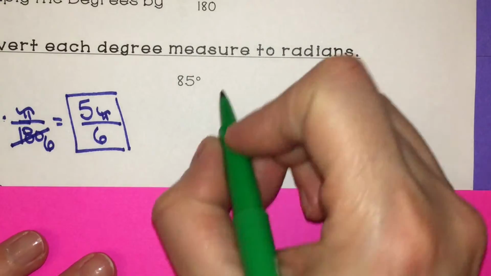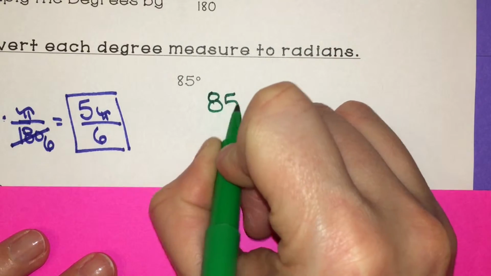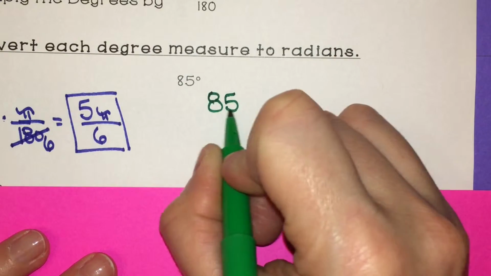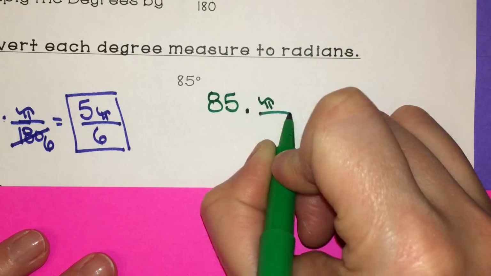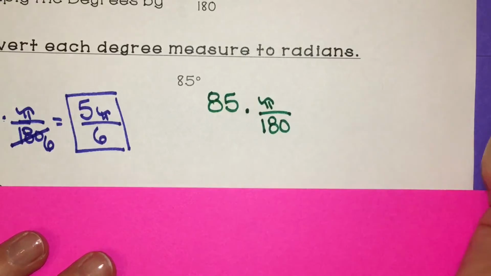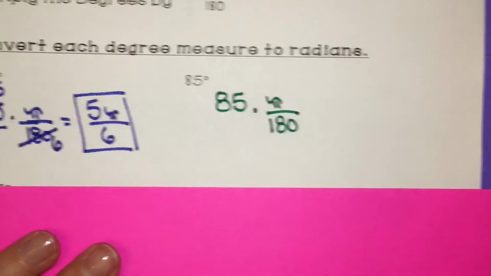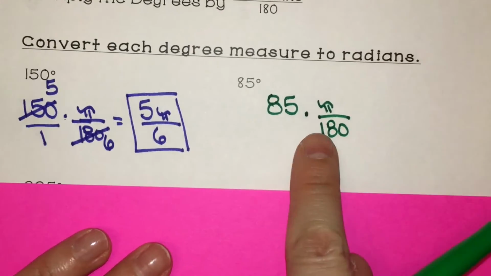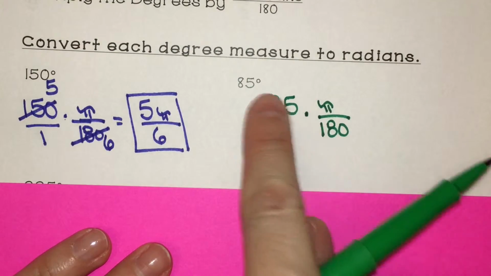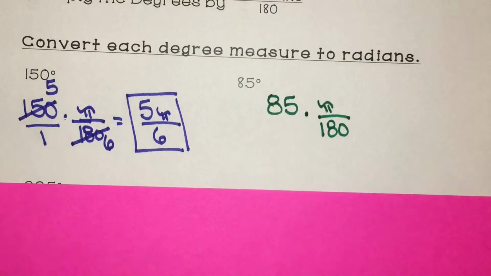All right, so let's do 85. We're going to change the 85 degrees to radians by multiplying it by pi over 180. All right, I can put this over 1, but when I multiply by 1 on the bottom, it's not going to do anything. So I'm going to try to divide these two numbers by something.